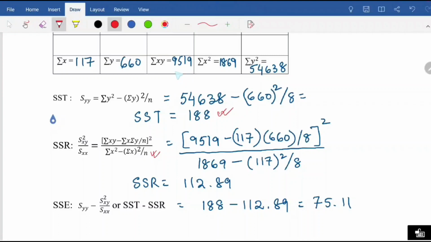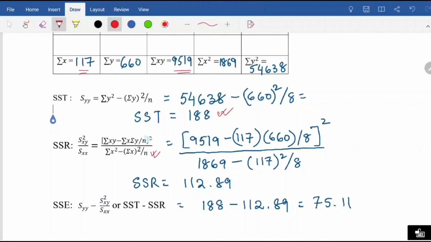Sigma x times y is this 9519. Sigma x is 117, so we have 117 here. Sigma y is 660, we have a 660 here, divided by n, and then the whole numerator is squared. And then for the denominator, we have 1869 minus 117 whole squared divided by 8, for an SSR value of 112.89.